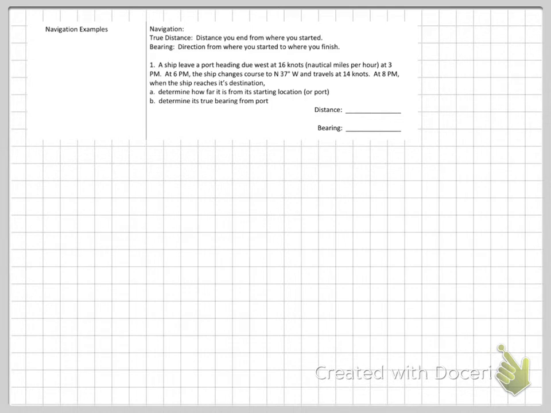So here's the thing about bearing. Bearing always needs to be an acute angle that touches north or south. Acute, so less than 90, angle that touches north or south.